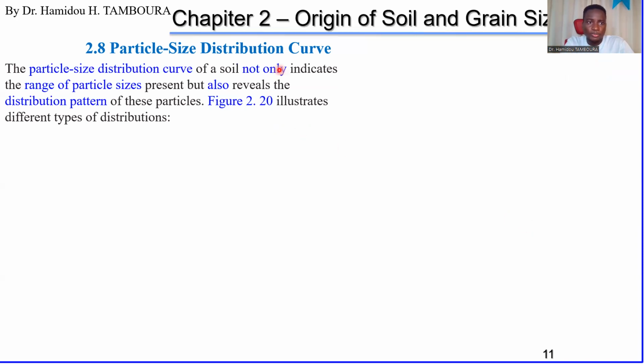But we can also get from this curve not only the range of particles, but also the distribution pattern. Pattern means how the soil is distributed. Is it like various soil particles or very uniform?